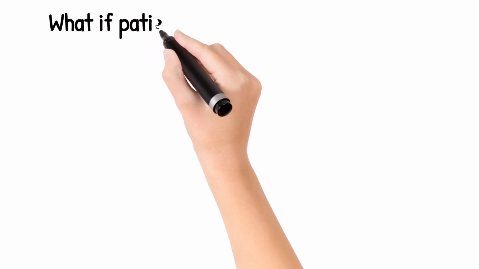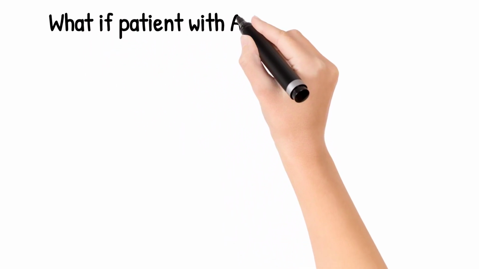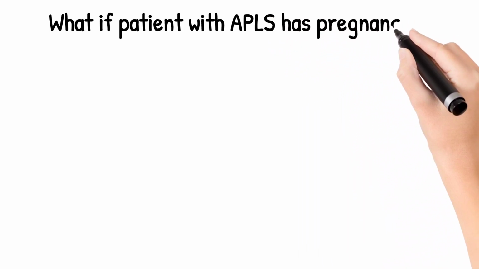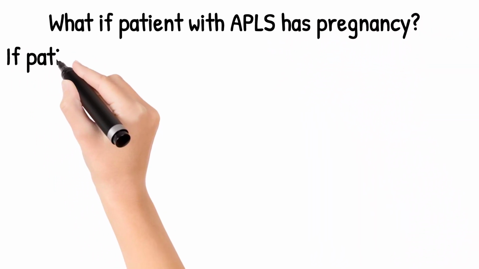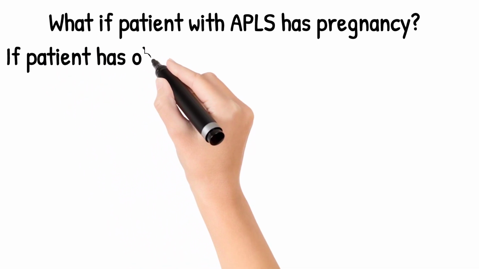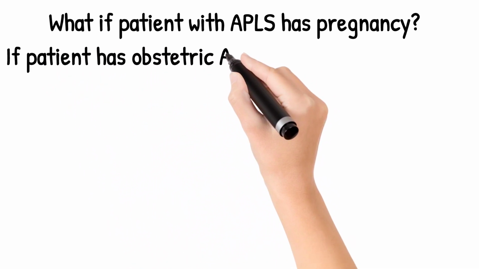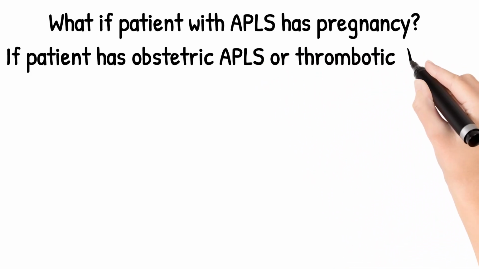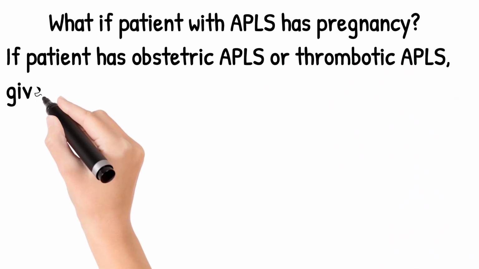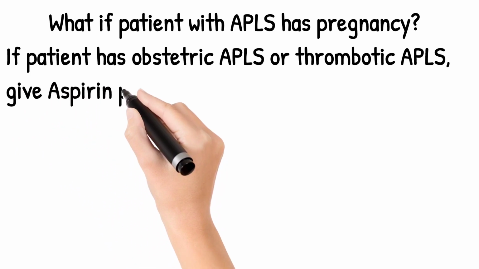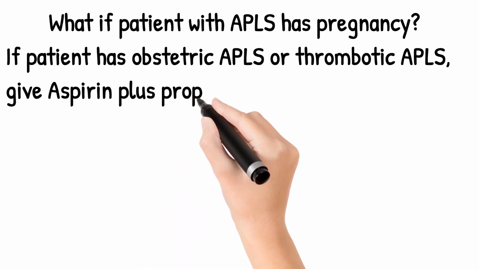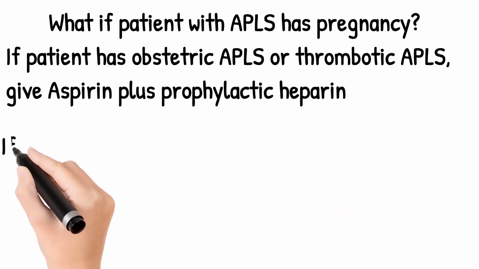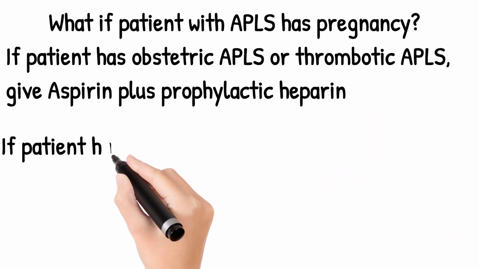Now, what if an APLS patient presents to us with a pregnancy? So how will we approach this patient? If the patient has obstetric APLS history, meaning in a previous pregnancy she had problems, or if she has thrombotic APLS, give aspirin plus prophylactic heparin, and the patient should be getting it throughout the pregnancy.